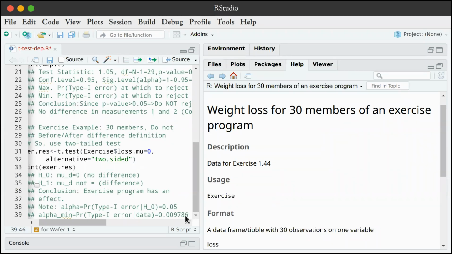0.009786. What this means is if I've repeated the experiment over and over again, the smallest p-value that you can expect is 0. Or smallest value of alpha, which is the p-value, is 0.009786 based on the data.